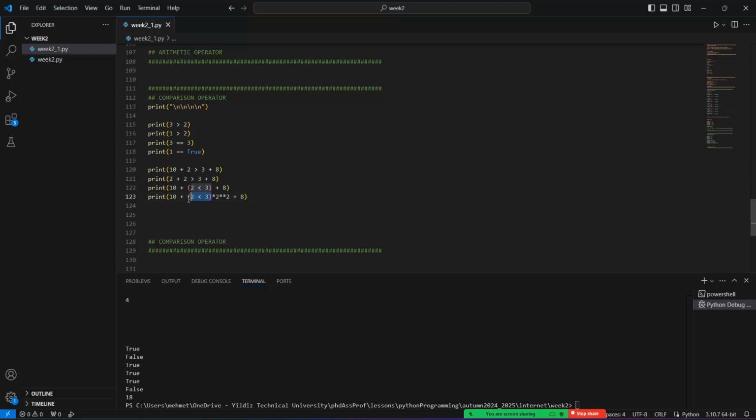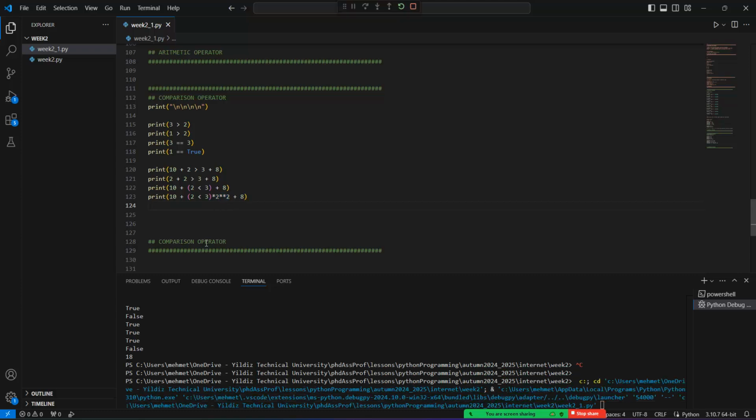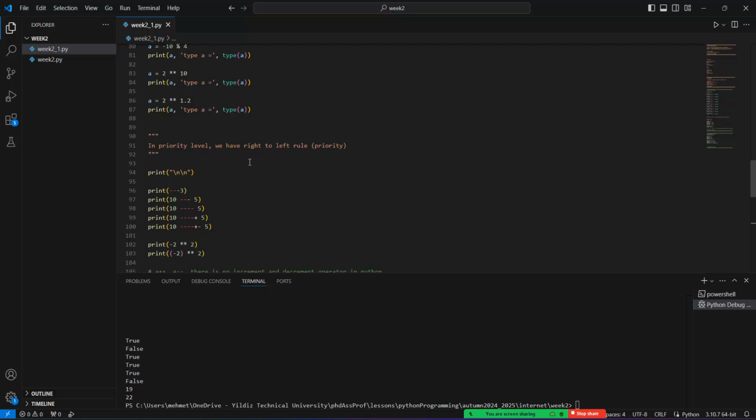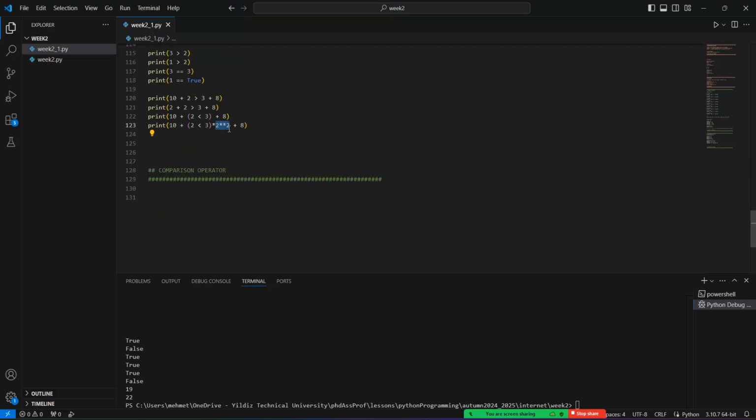And so this is 1, this is 2, and this is 2. Because in this case we have the right to left rule. This is 4, and 4 times 1 is 4, and 10 plus 4 plus 8 gives us 22. Okay?